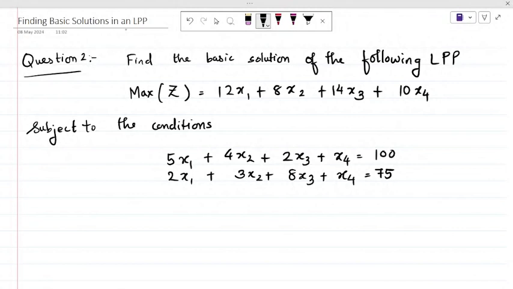And then there are non-negativity conditions: x1, x2, x3 and x4 are greater than or equal to 0. This is what they have given to us, and now we are expected to find the basic solution.